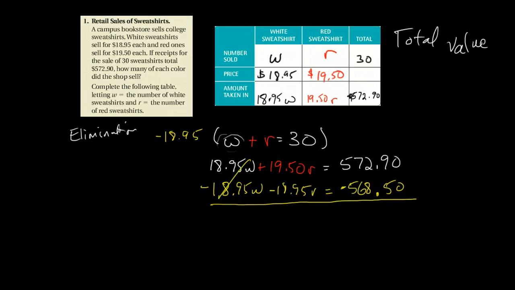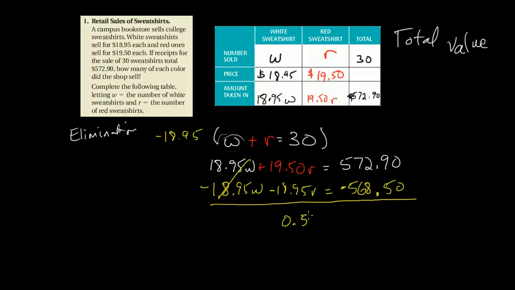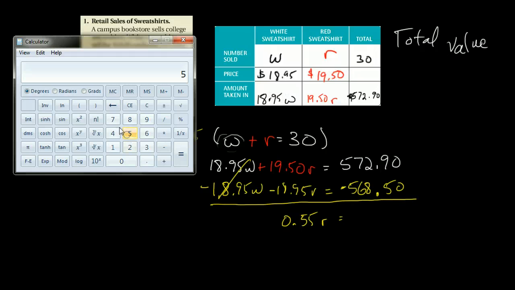Now we can add straight down and eliminate. So 19.5 minus 18.95 gives us 0.55 R is equal to, let's see, 572.9 minus 568.5.